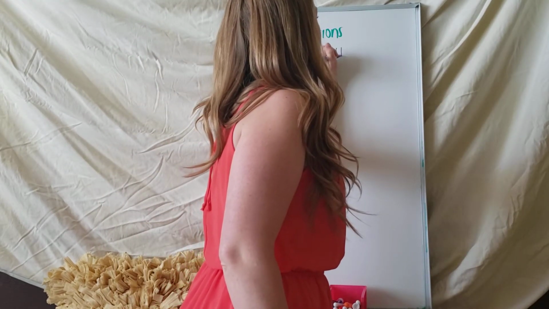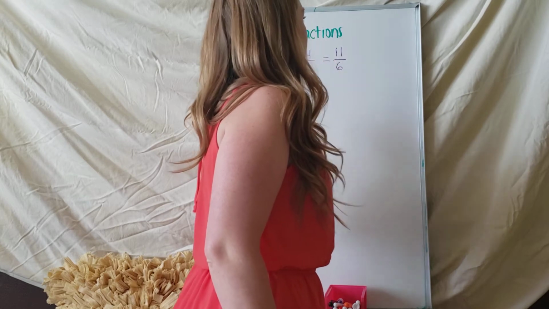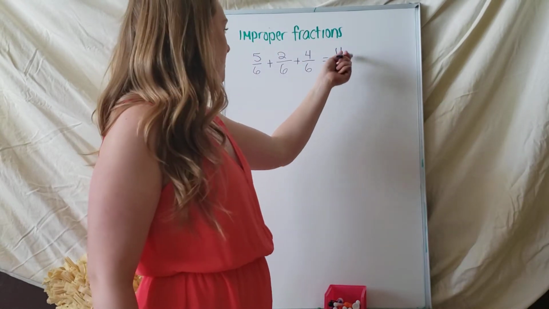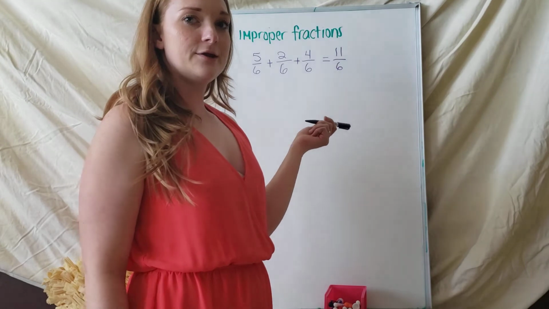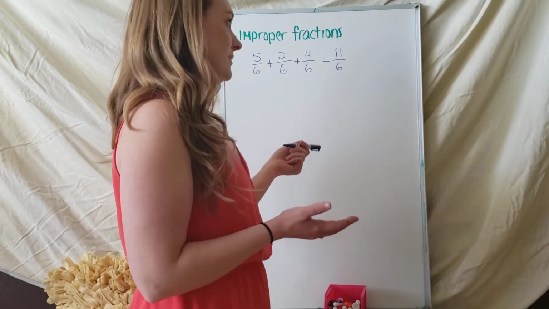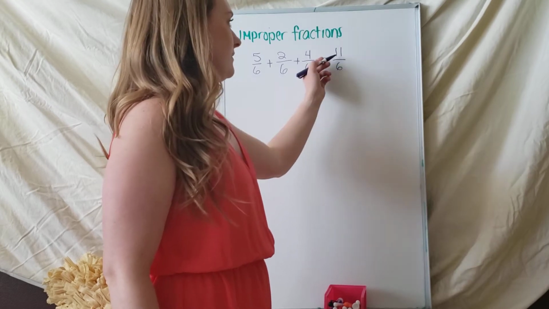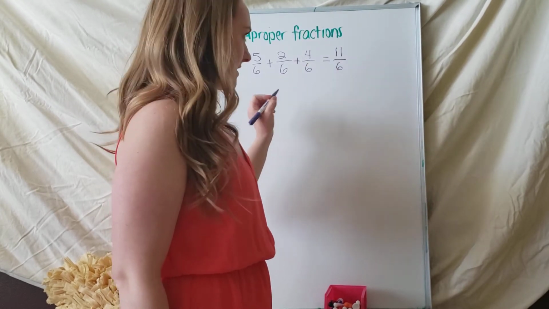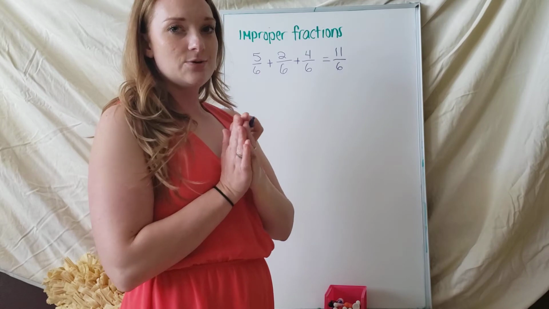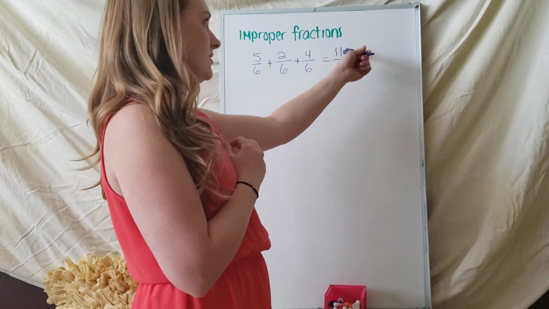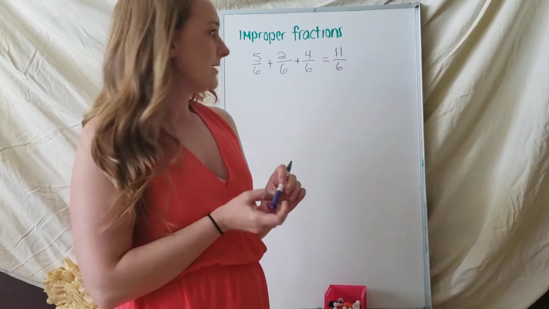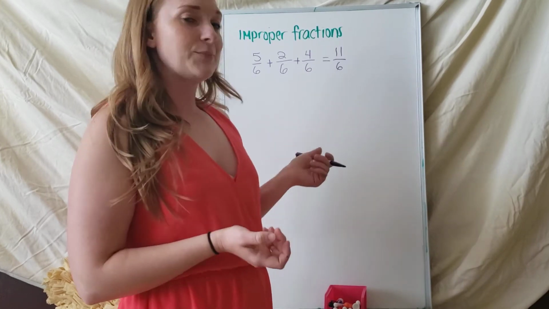So I have 11/6. In this fraction, the top number, the numerator, is actually greater than the denominator. I know that 6 out of 6 is 1 whole, but 11 is greater than 6. So we can change what's called an improper fraction, when the numerator is greater than the denominator, to a mixed number.